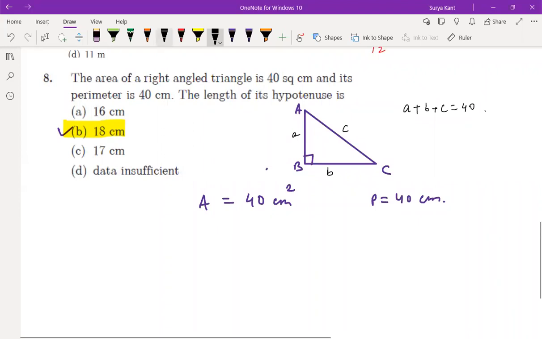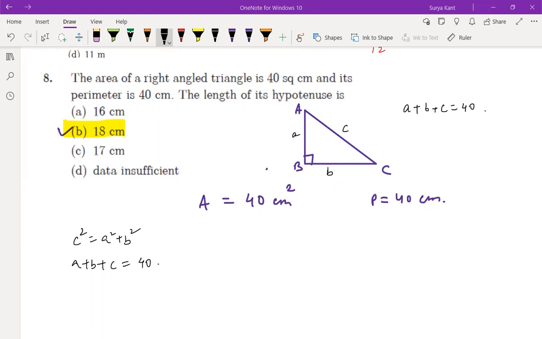Sir, C equals root over of A square plus B square through the Pythagoras theorem. After this, A plus B plus C equals 40 and half AB equals 40, so AB equals 80. So C equals 40 minus (A plus B), and AB equals 80.